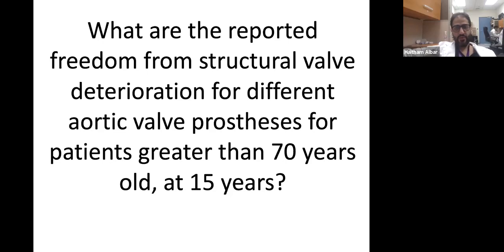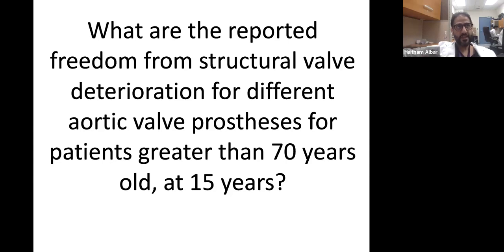When you have a 70-year-old patient, over 15 years you can say about 5%, but in a patient whose age is 50, the risk of deterioration is like 20 to 30% over 15 years. The mechanical valve is different from the tissue valve, but it comes with another profile of complication, which is valve thrombosis.